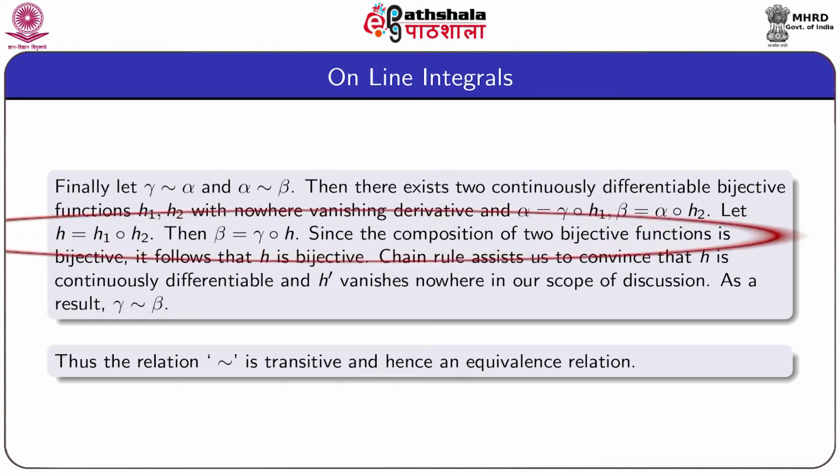Then beta equals gamma compose h. Since the composition of two bijective functions is bijective, h is bijective also. The chain rule assists us to convince that h is also continuously differentiable and h' vanishes nowhere in our scope of discussion. As a result, gamma has this relation with beta. Thus, the relation is transitive and hence is an equivalence relation.